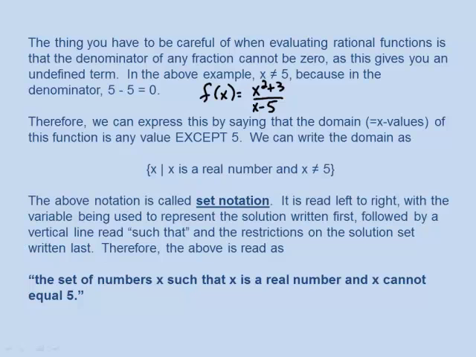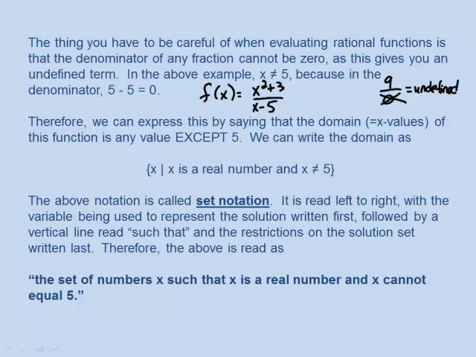In the above example, which I just rewrote right beneath there, x cannot be 5, because in the denominator, 5 minus 5 would give you 0. And remember from pre-algebra, any number, let's say 9, any number divided by 0 is an undefined fraction. You are not allowed to have 0 in the denominator.